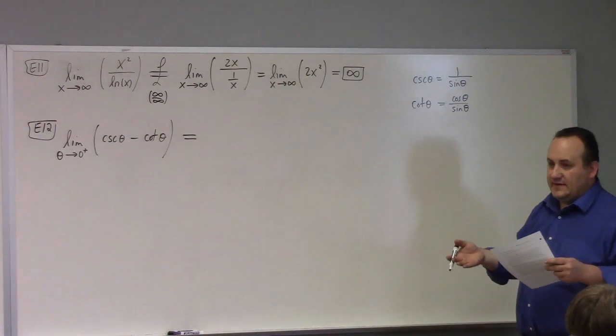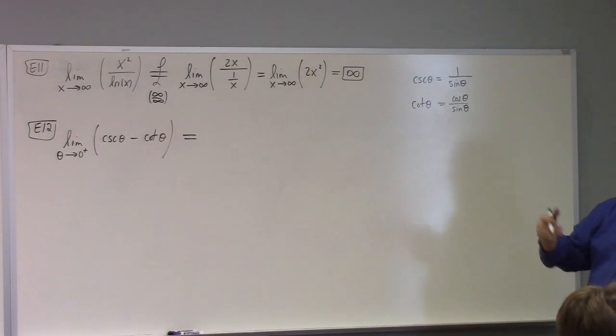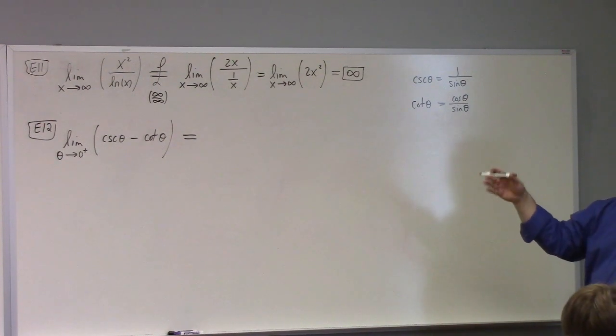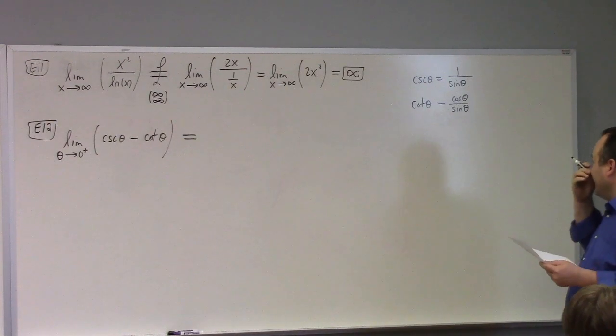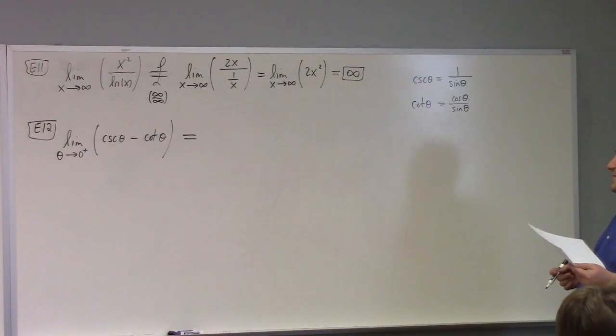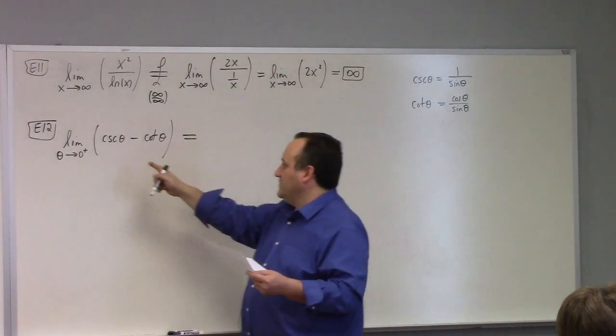What happens with sine theta as theta goes to 0? Well, it's 0, right? So we've got division by 0 for both of these formulas. So this is type infinity minus infinity. It's important that it's just from the right, because if I make it from the right, it's unambiguous. From the right, this is going to infinity.